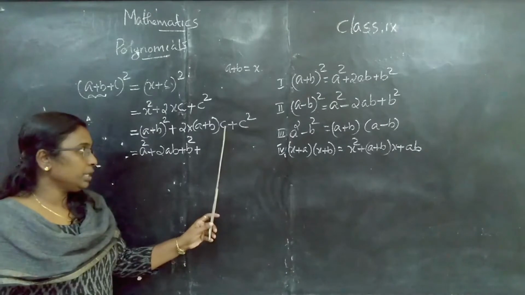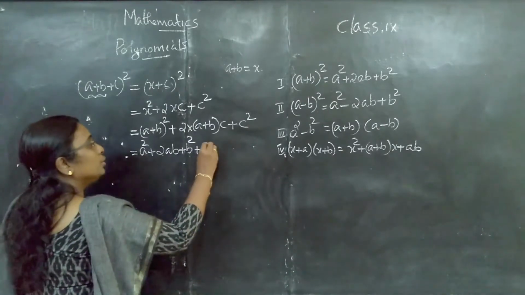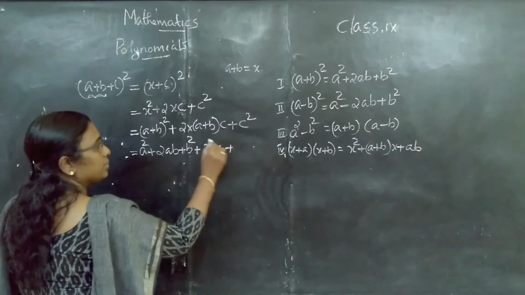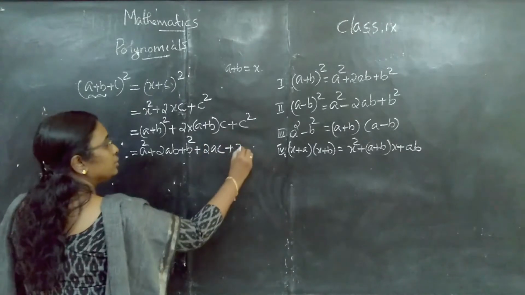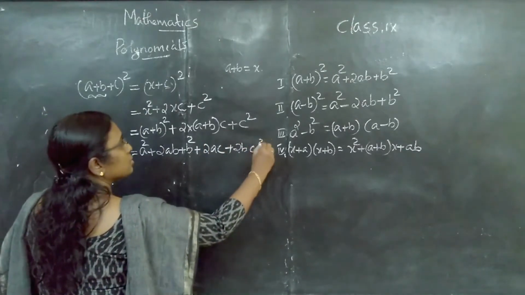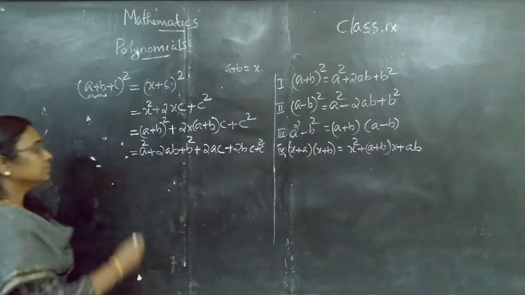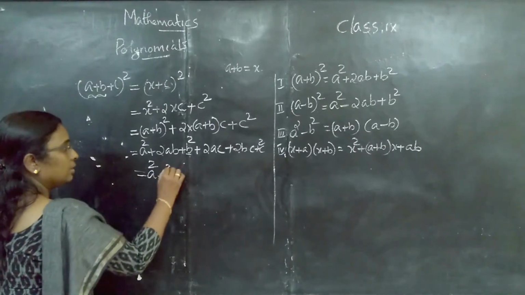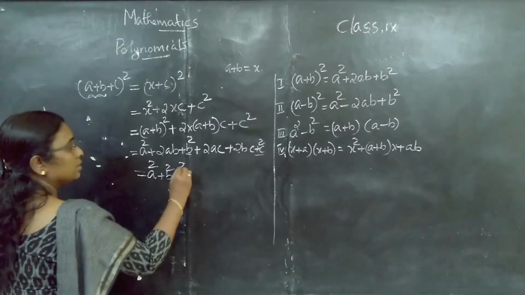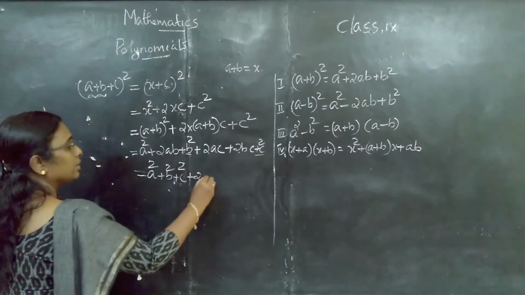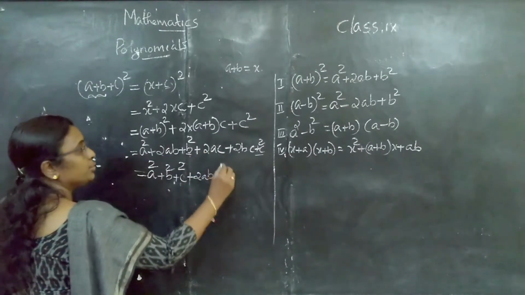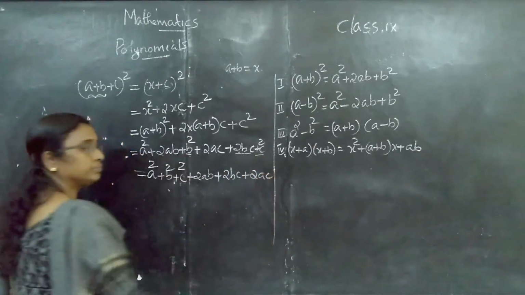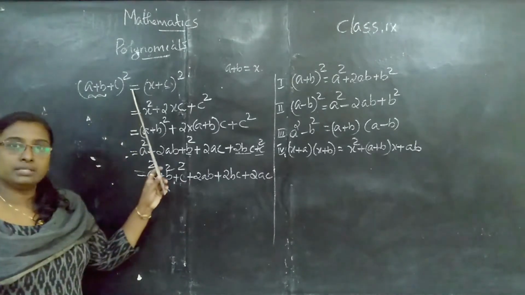So, 2ac plus 2bc plus c square equal to a square plus b square plus c square plus 2ab plus 2bc plus 2ac. This is the expansion of (a plus b plus c) the whole square.